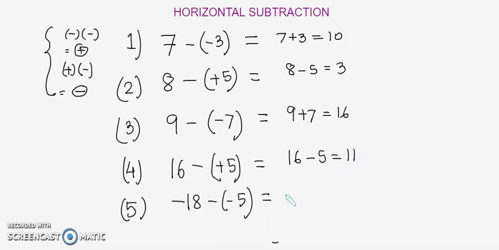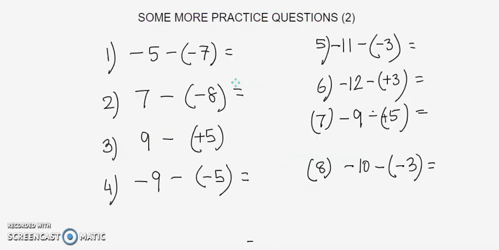Minus 18 minus plus 5, if you follow the addition rule, that gives you negative 23, and this is your answer. I hope so far the explanations are clear to you. Now these are some practice questions for you. Please note down the questions and send me the solution.